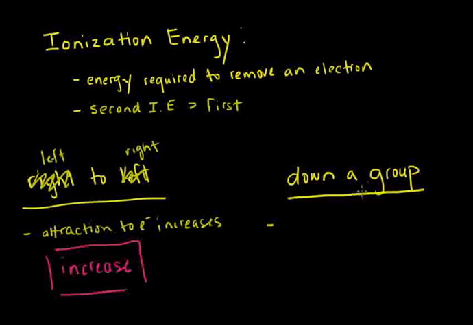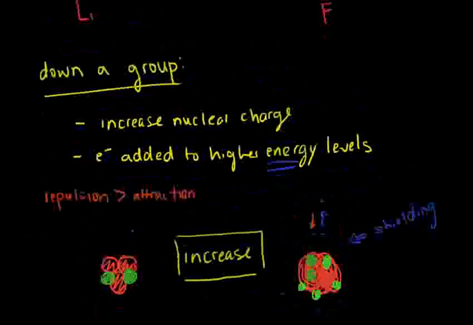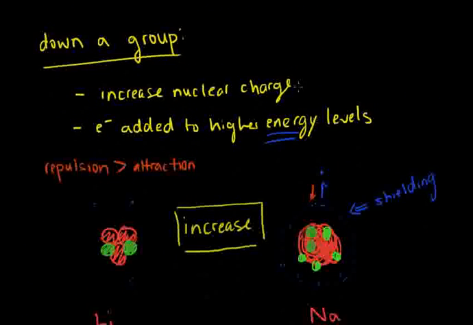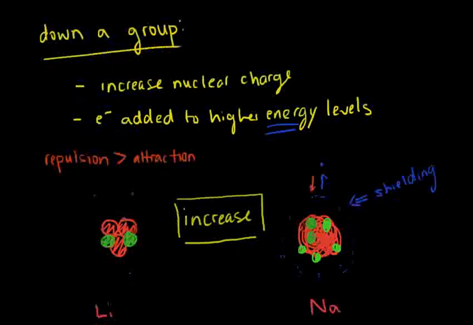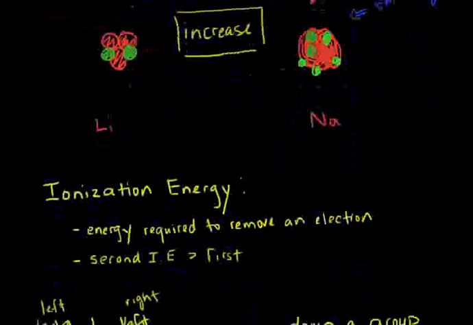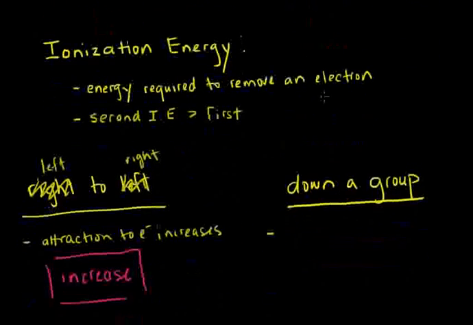The same thing is going to hold true when we move down a group. When we move down a group, we described this in terms of atomic radius, increased nuclear charge, but because we're adding electrons to higher energy levels and shielding goes on, the atomic radius is going to increase and the electrons are going to be bound less tightly to the nucleus. Because electrons are bound less tightly to the nucleus, their attraction to the nucleus is going to decrease.